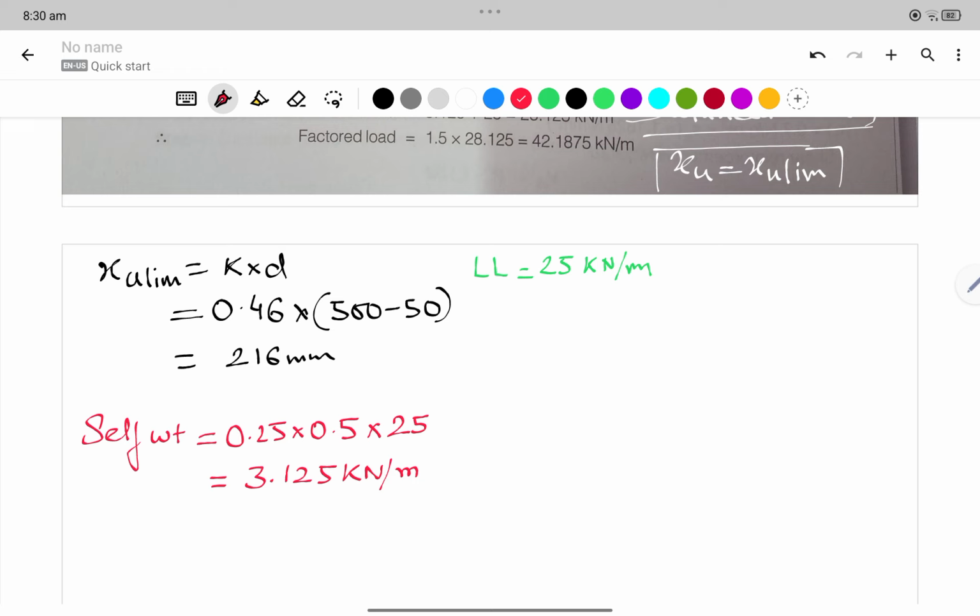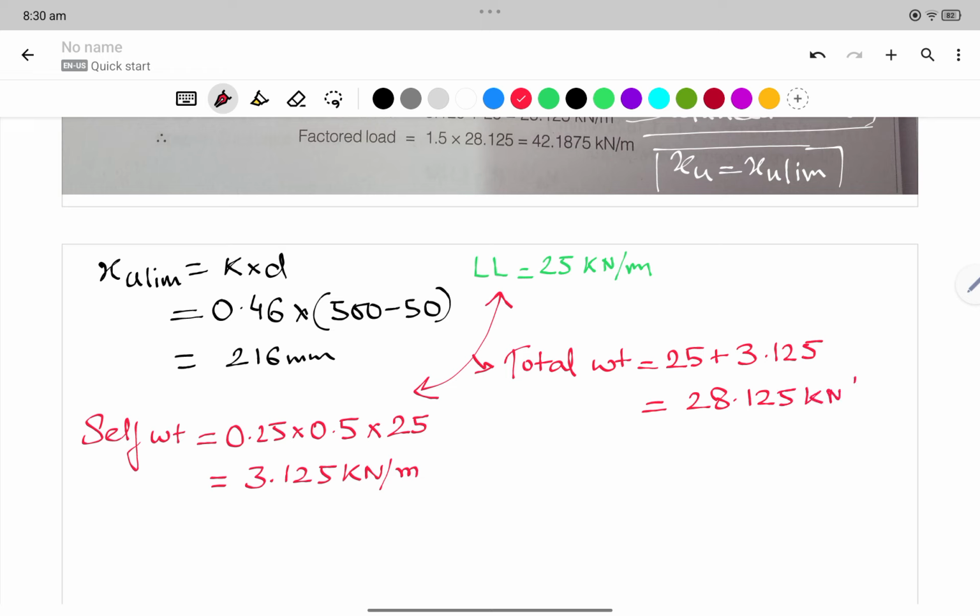Okay, so by adding these two, the total weight is coming to 25 plus 3.125. It's summing up to 28.125 kilonewton per meter. So now we have to calculate the factored load.